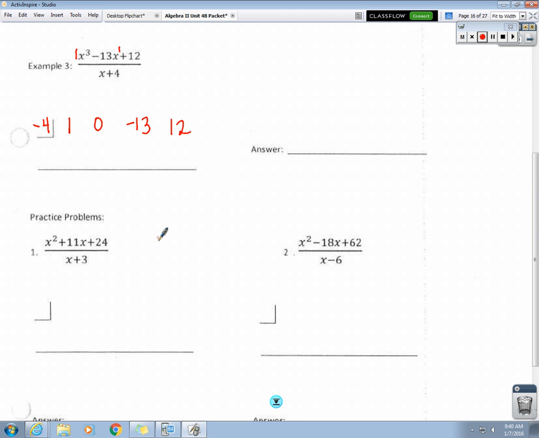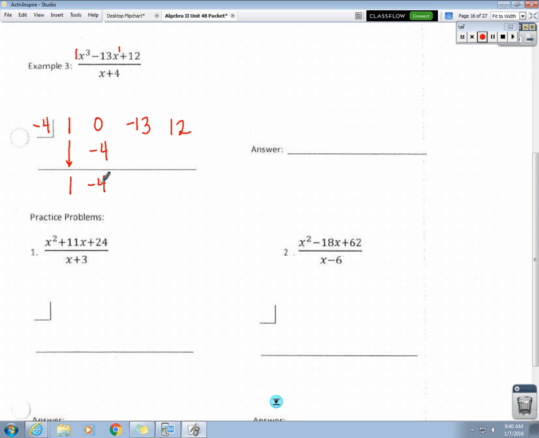Okay, now our first step is to bring down the first number. Then you take it and multiply it by the box number, which is -4. So 1 times -4 is -4. And then you just do what you see. We see a 0 minus 4, which is -4.